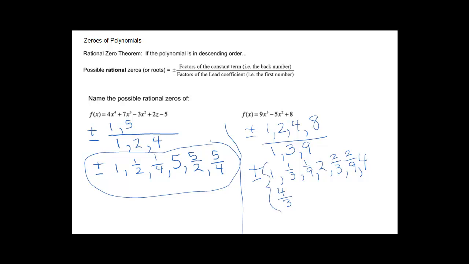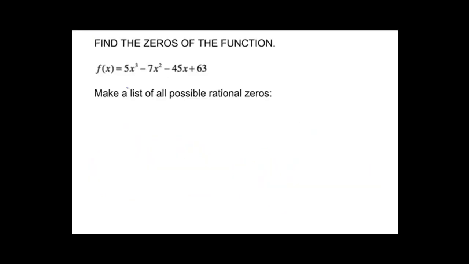And this is still with plus and minus. And I have 4 over 9. And then I have 8 over everything. So 8 over 1 is 8. 8 over 3. And 8 over 9.